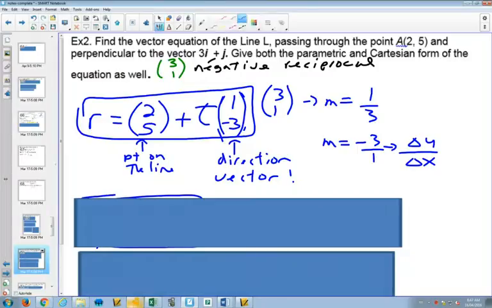Now, just to think about that, if I have 1, -3, that would be going 1 in the x direction and 3 in the y direction, down. That would be 1, -3. If I had -1, 3, that would be 1 this way and then 3 up.